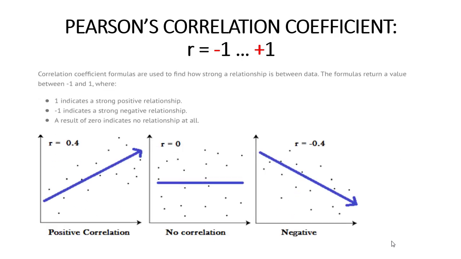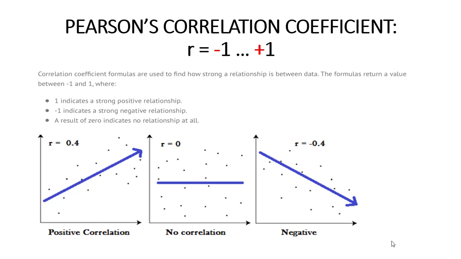Let me give you an example. Here you have 3 results. The first diagram shows a positive correlation, a correlation of 0.4. This means that we can trace a straight line, and this line is going to be ascending, and this is a positive correlation.